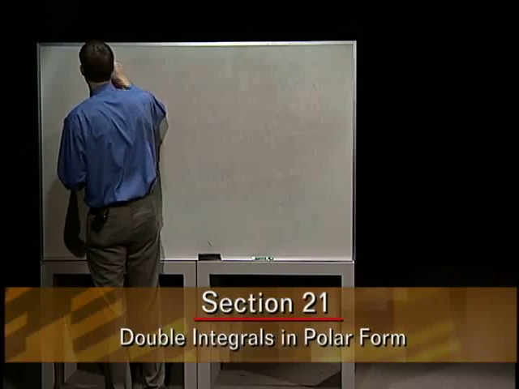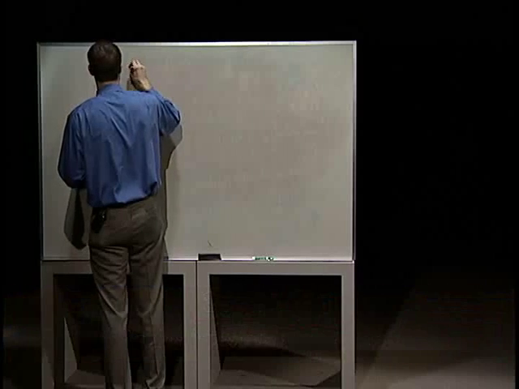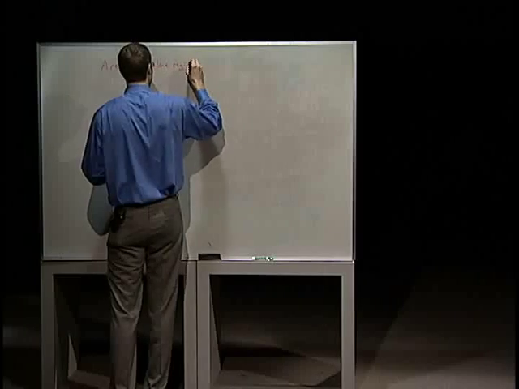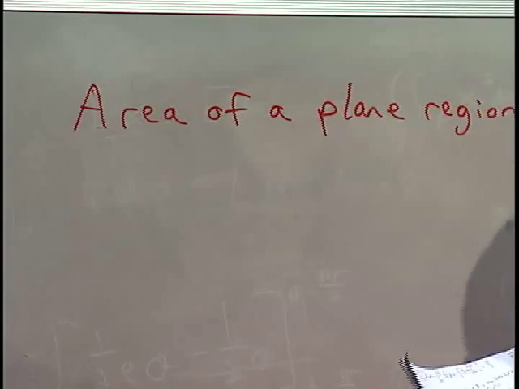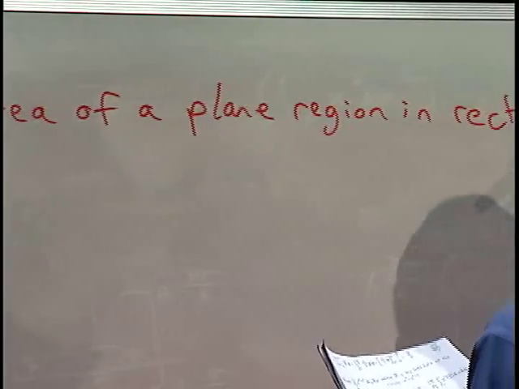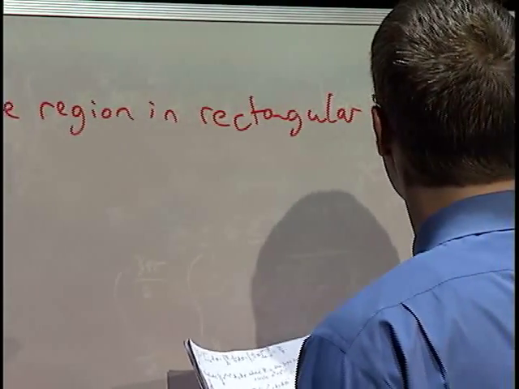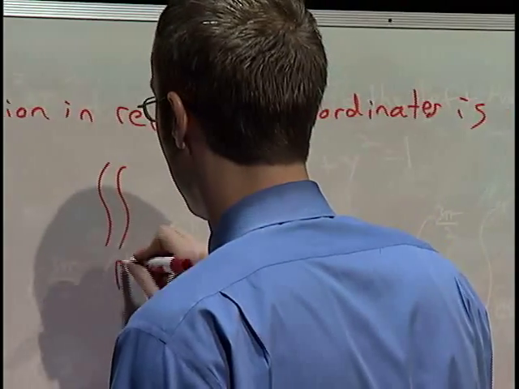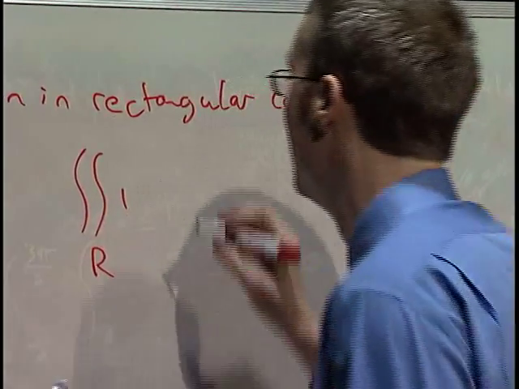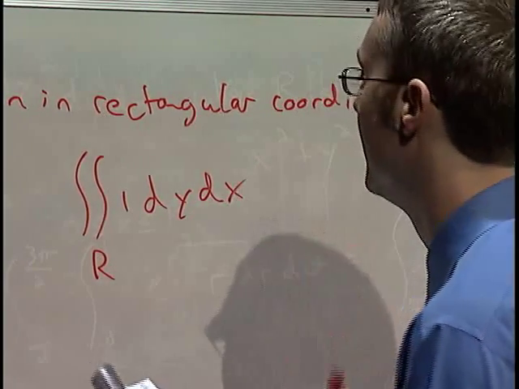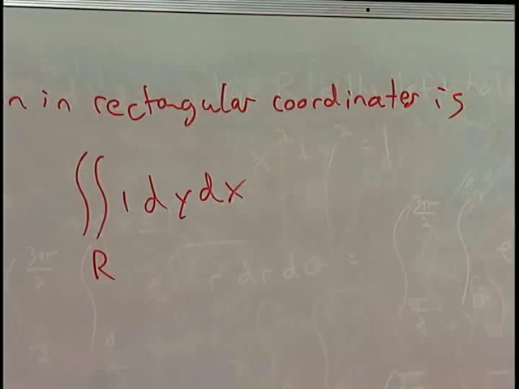So remember, we talked about area in the last lecture. Area of a plane region in rectangular coordinates was the double integral over R of 1 dy dx.